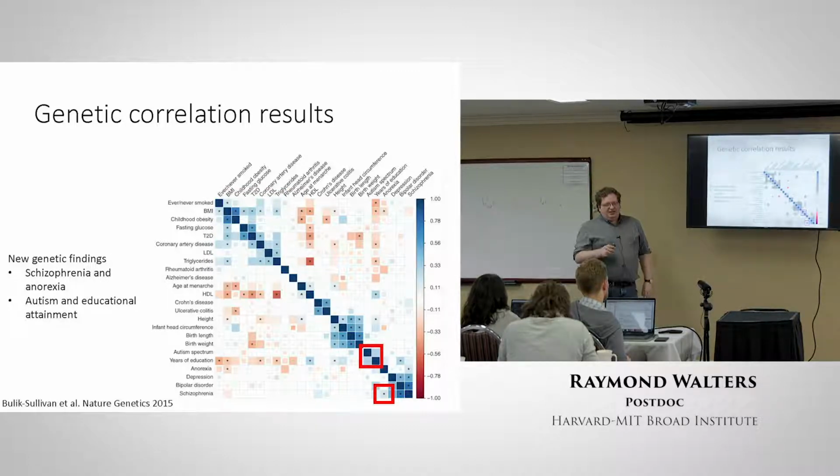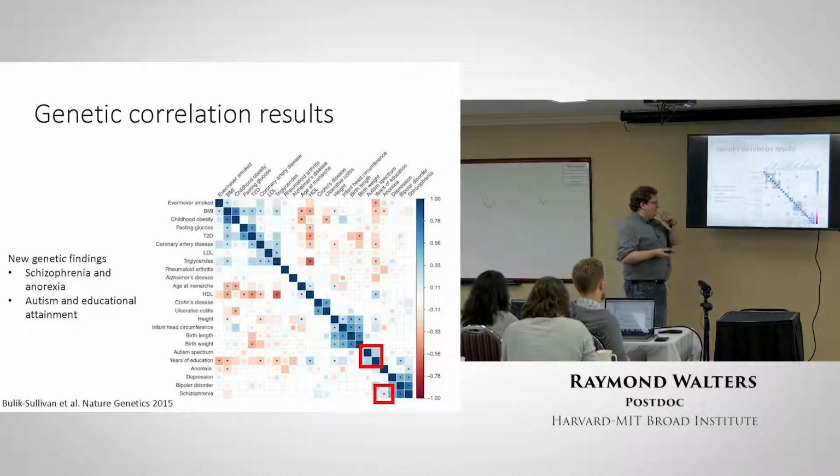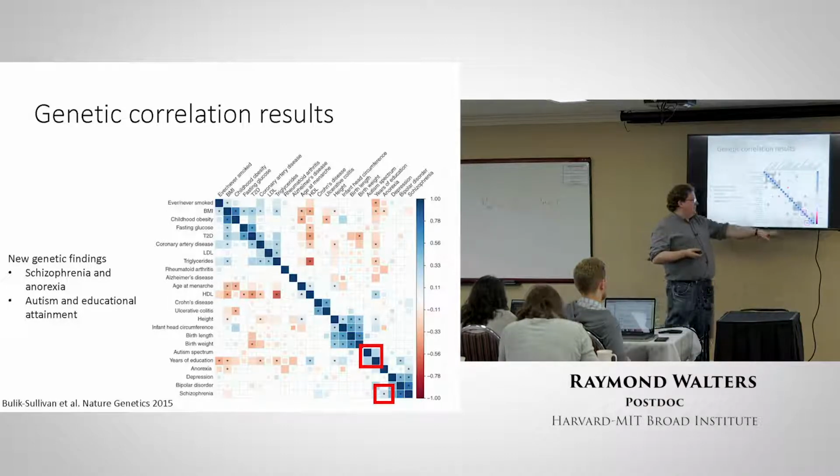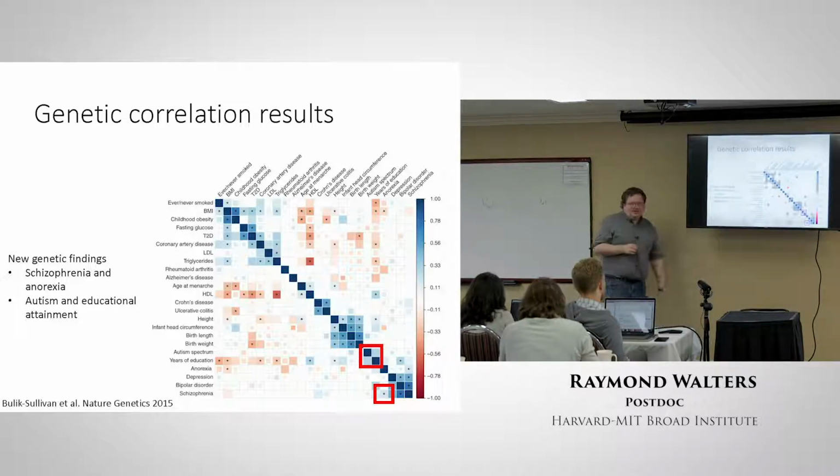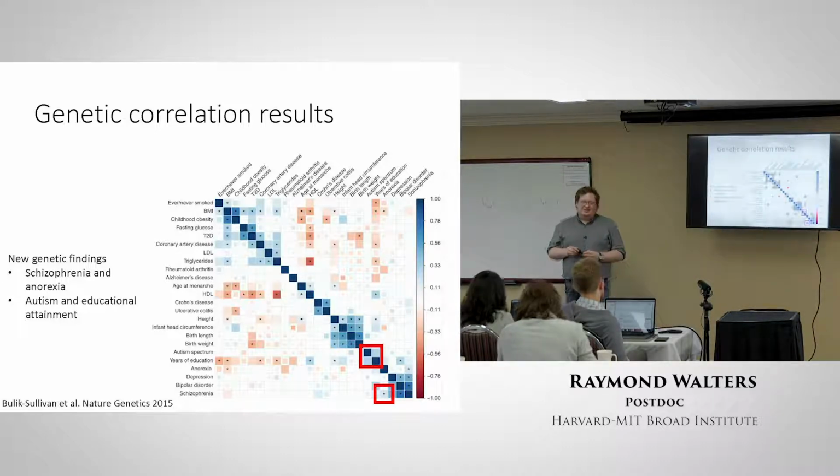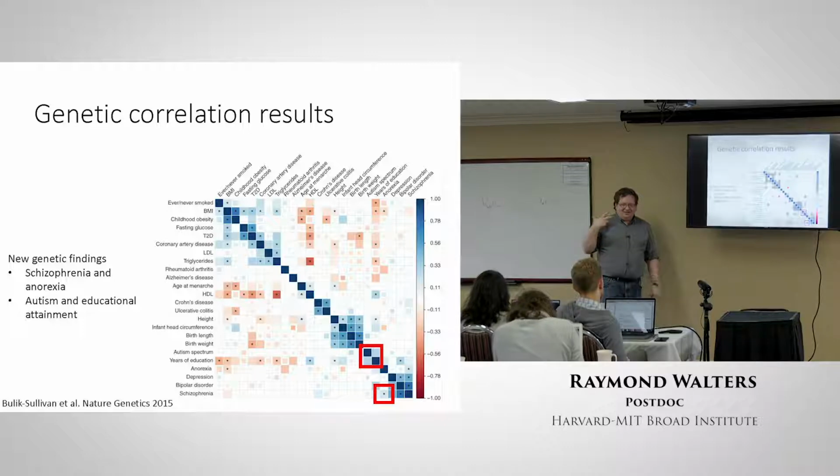We saw some instances where there either wasn't a predicted correlation, or even the sign of the correlation was different than expected. One that has received a lot of attention, which wasn't significant here but became significant in later analyses, was a positive genetic correlation between autism and years of education, whereas in the epidemiological literature, phenotypically, there's a fairly strong negative correlation.